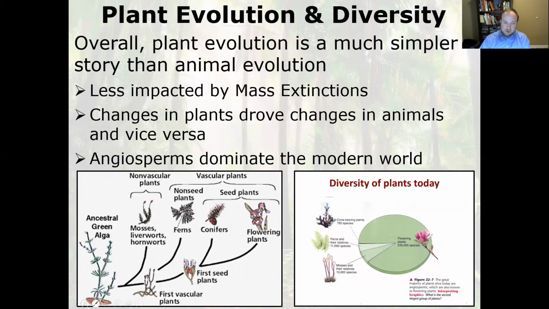And this is the whole sequence of things here, going from ancestral green algae into the very primitive non-vascular plants, things like Cooksonia, the first vascular plants, the ferns, first primitive seed plants, conifers, flowering plants. This is all the major groups, all the major revolutions, a little simpler story than animal life. So why do you think that's the case?